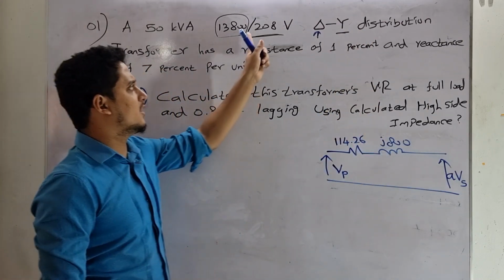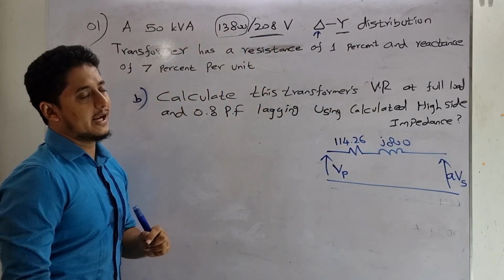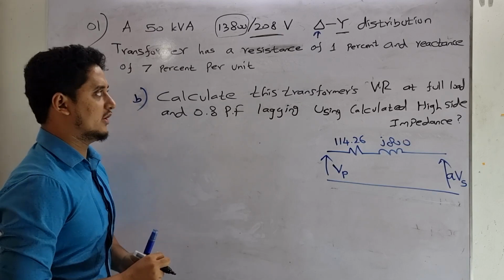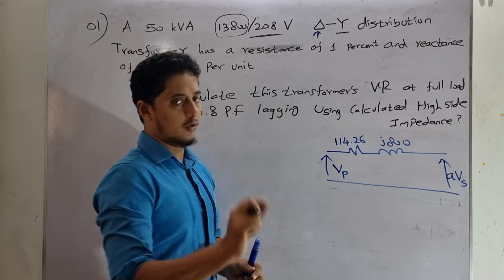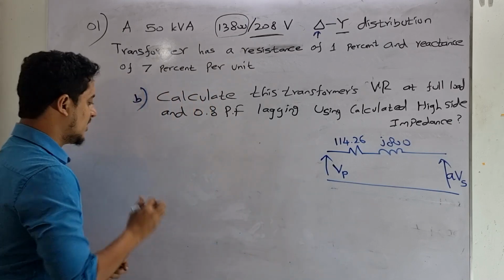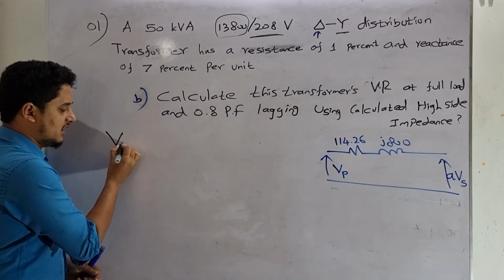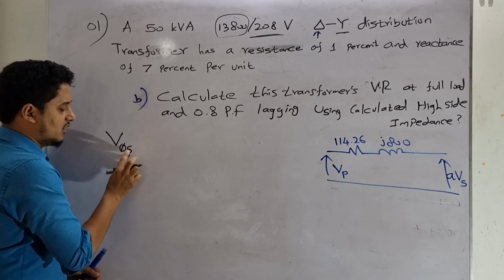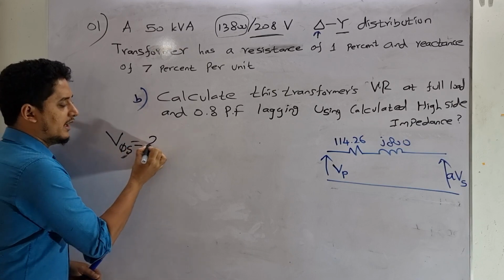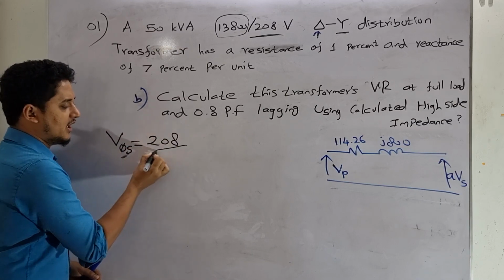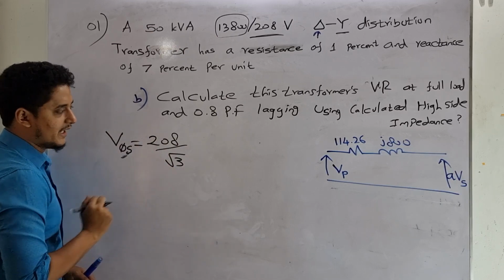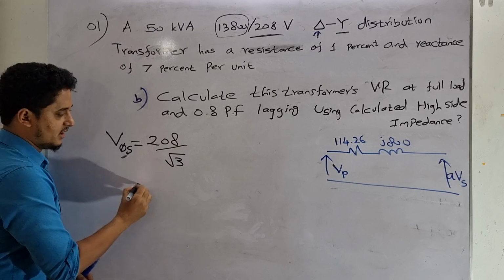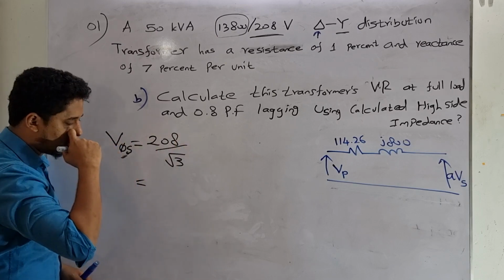So this 208 volts is a line to line voltage. Therefore, first we have to calculate the phase voltage on the secondary side: line to line voltage divided by root 3.